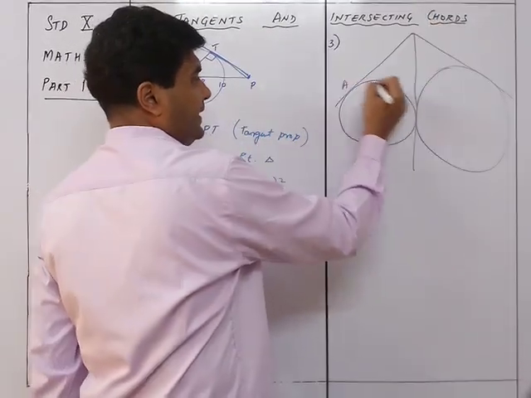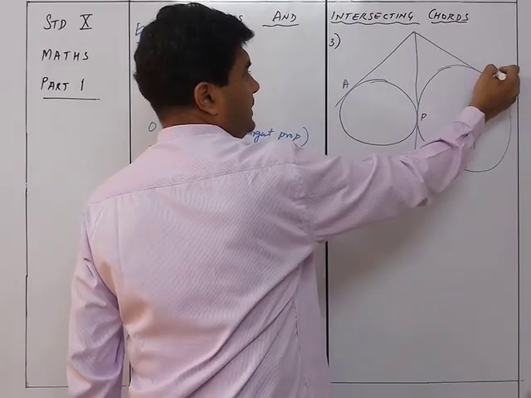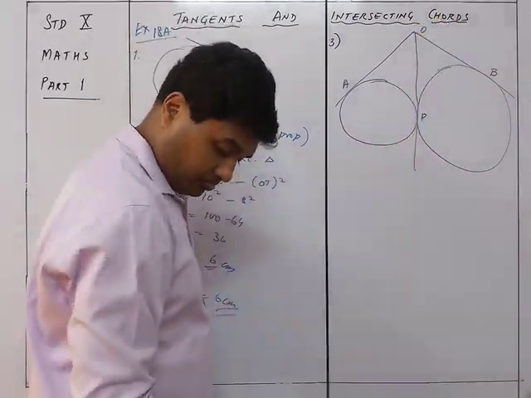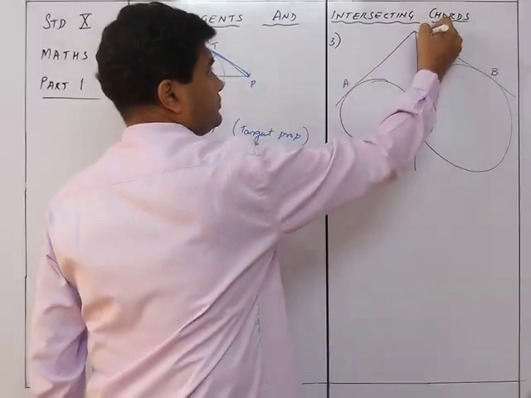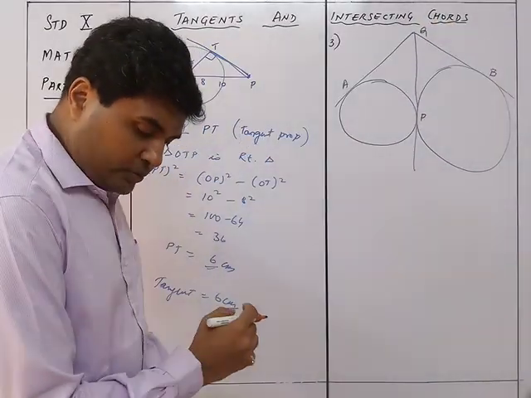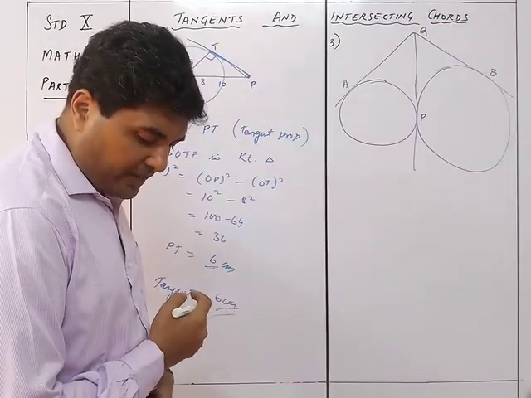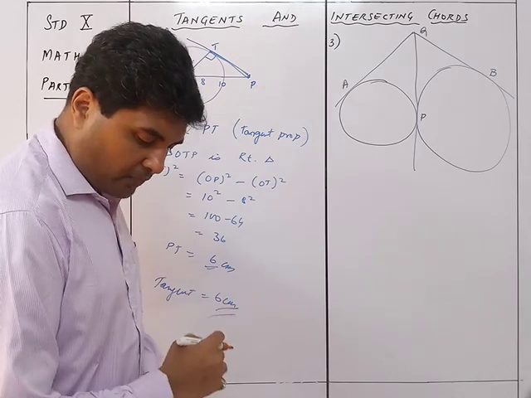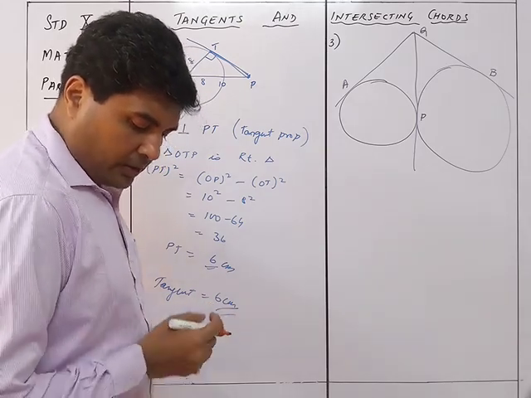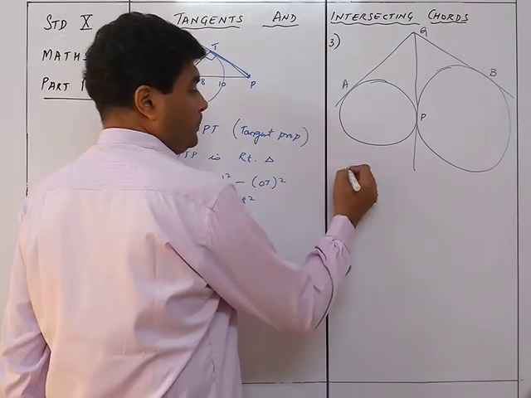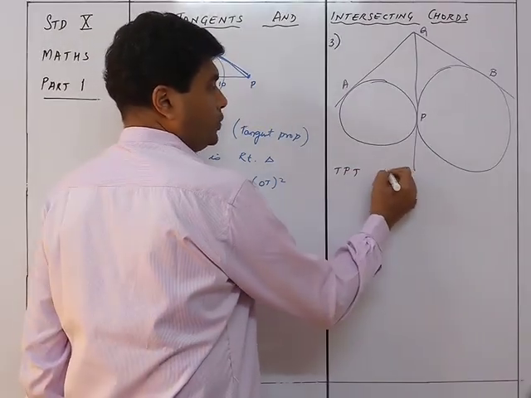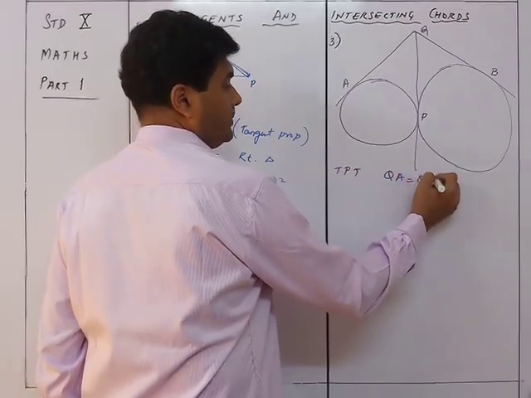We have A, P, B and O, Q. Two circles touch each other externally at point P. Q is the common tangent for them. Prove that QA is equal to QB.